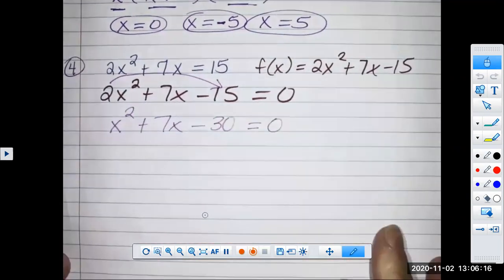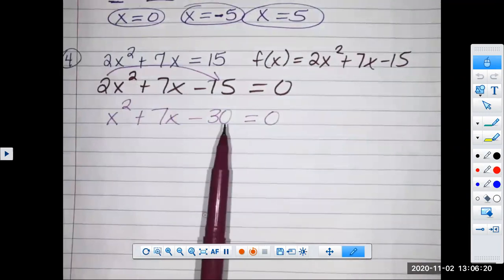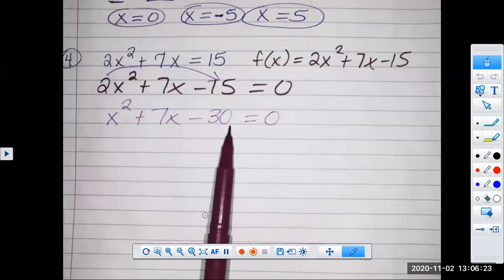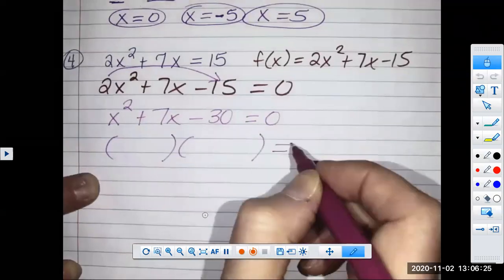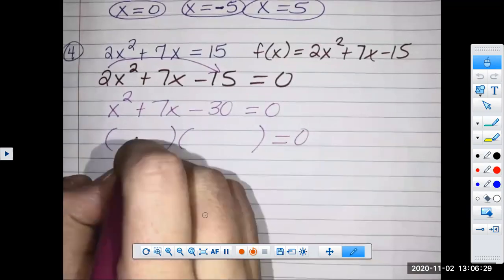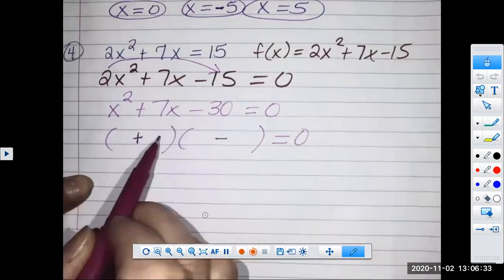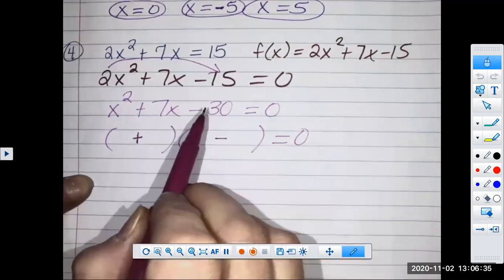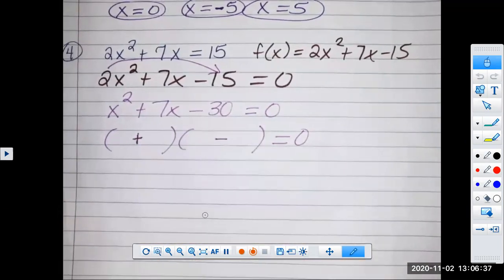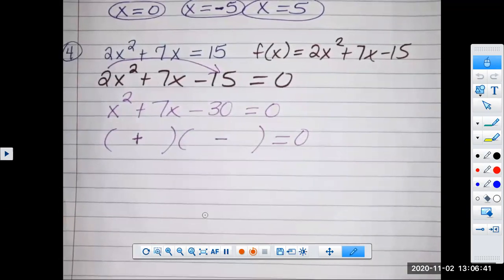Now, to see if it'll factor, trying to figure out two numbers that will multiply to 30. Should they add or subtract to 7? If your last sign is negative, that means you had to multiply a positive number times a negative number to get this negative at the end. So minus at the end, different signs, so they got to subtract to 7.